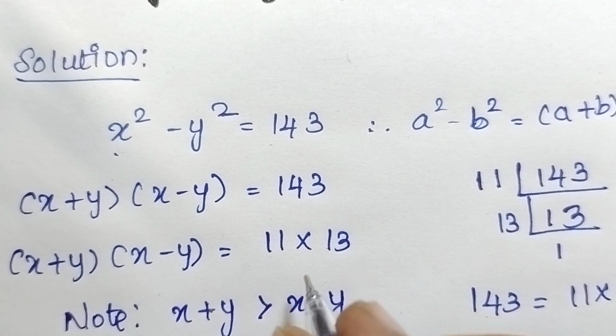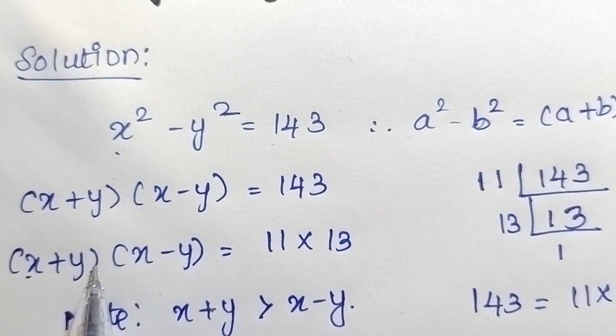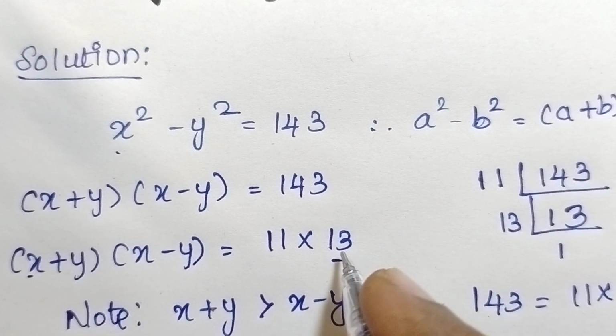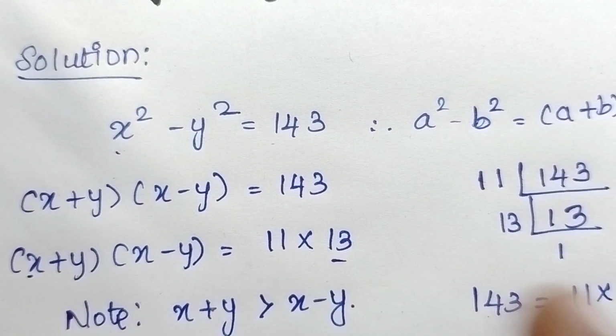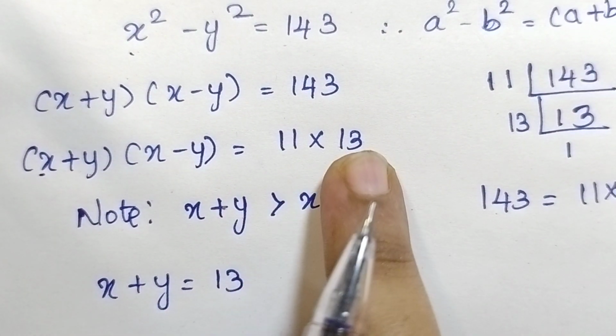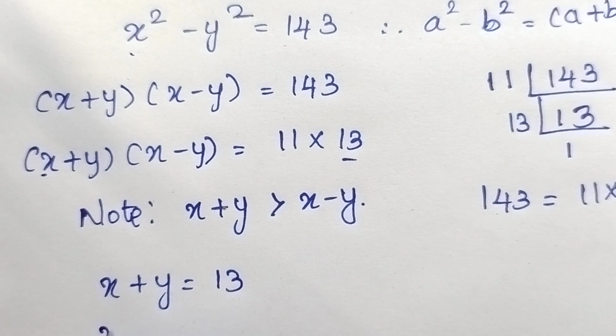So based on the rules, I am going to take x plus y is equal to 13, because 13 is the bigger number than 11. So here I am taking x plus y is equal to 13, and simultaneously x minus y is equal to 11.